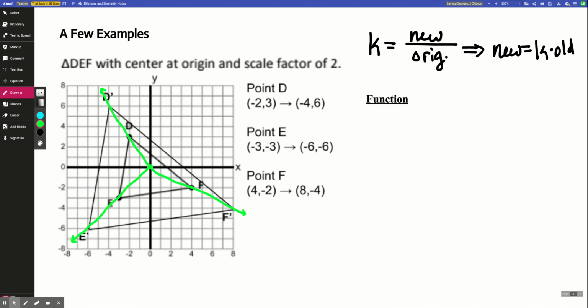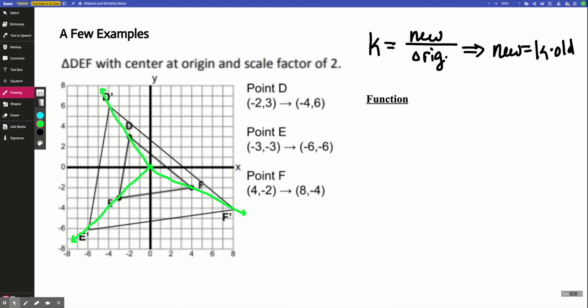It's almost like, I don't know if you all ever played with those plastic things that you could pull and make bigger and smaller, and it would either become bigger or collapse in on itself. The directed line segments here are just showing you the motion of what's happening as the figure gets bigger or as it shrinks. Okay, so most of the time you're not going to be asked what are the directed line segments or to draw them. It's just to help you visualize what's going on.